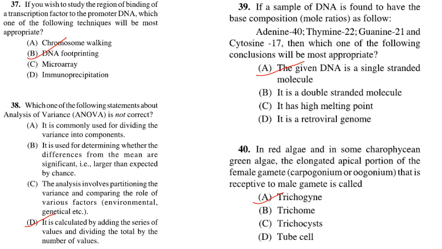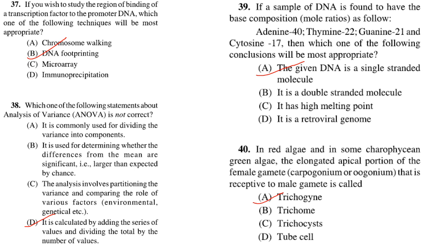Then next one. If you wish to study the region of binding of transcription factor to the promoter DNA, which one of the following techniques will be the most appropriate? So transcription factor is a protein and promoter DNA is a sequence on the DNA. So protein binding to DNA, if you want to study that, which technique will you use? It is DNA footprinting, that is for protein DNA interaction studies.